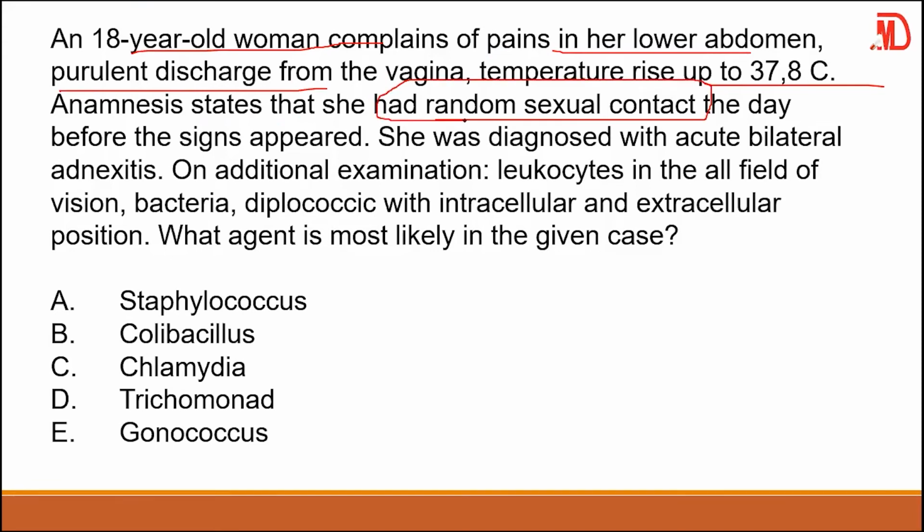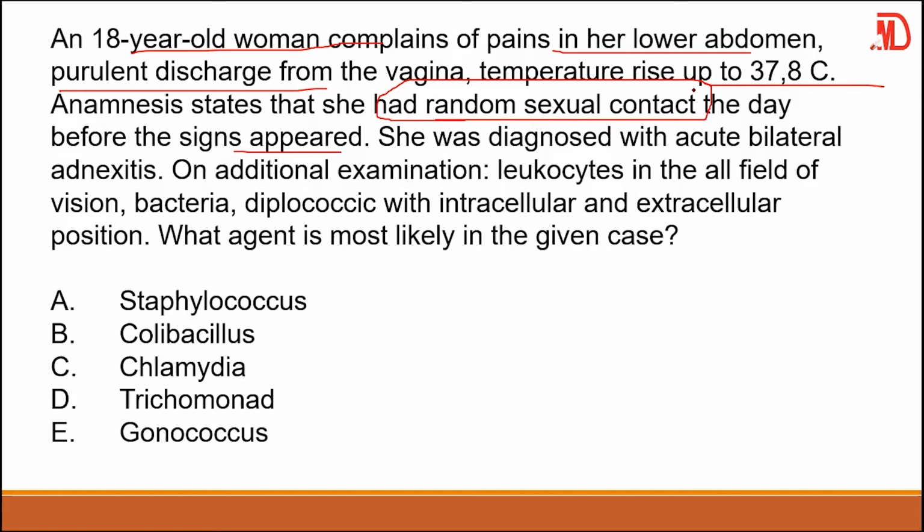Some books will tell you sexually active. So the person had random sexual contact the day before the signs appeared. That means she had unprotected sex.